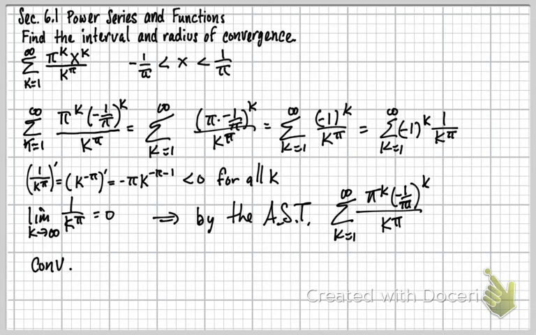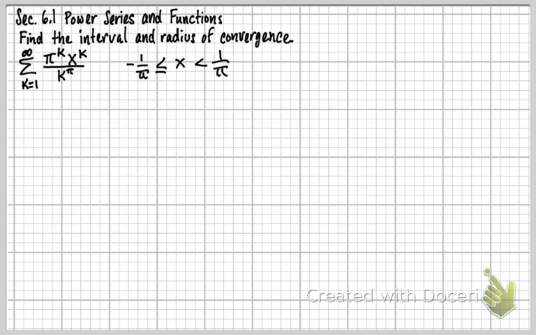So this tells us that negative 1 over pi is included in this interval. Now we have to figure out the 1 over pi. So now I'm just going to plug that in and clean it up a little bit. I'm not going to show you all that, but I'll just do it all.